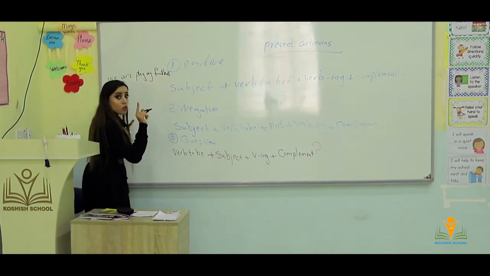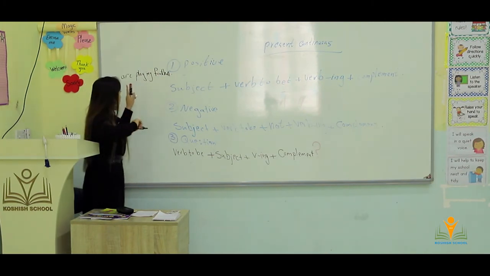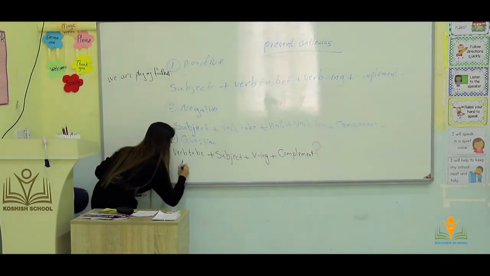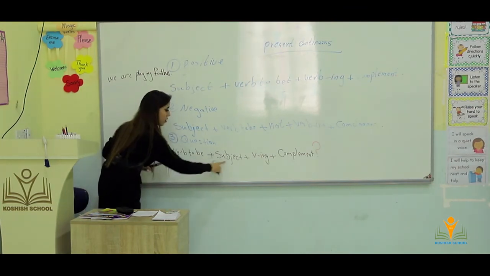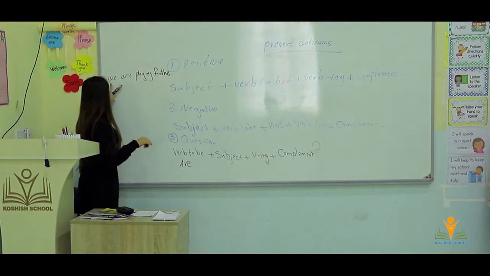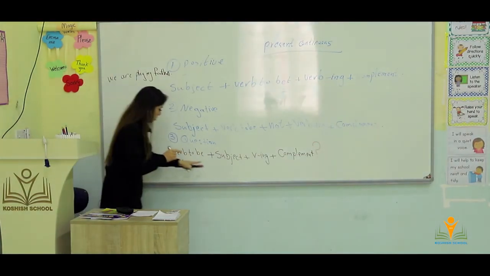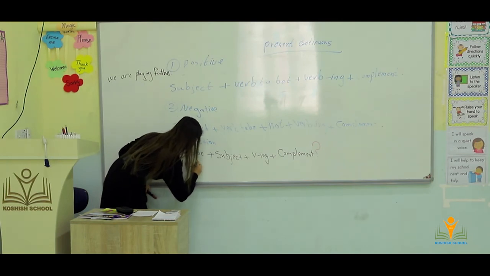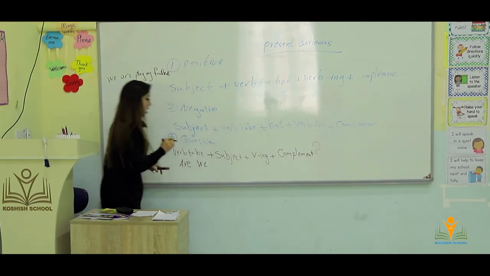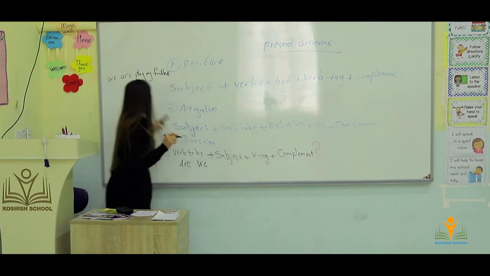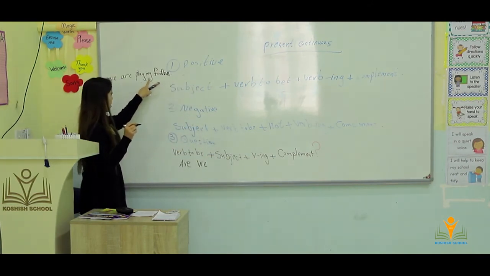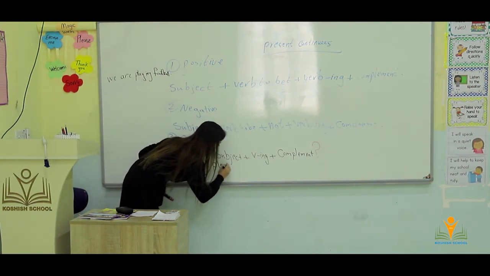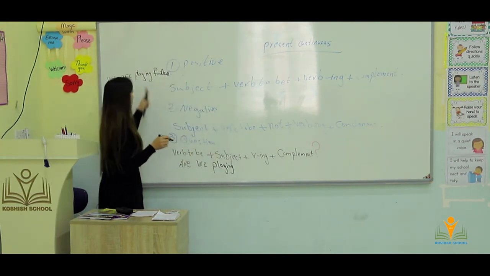But don't forget, we have to make the first letter a capital letter. Are. Then the subject, we bring it after are. We. And the verb with ing, we have playing, okay? And complement, we have football.